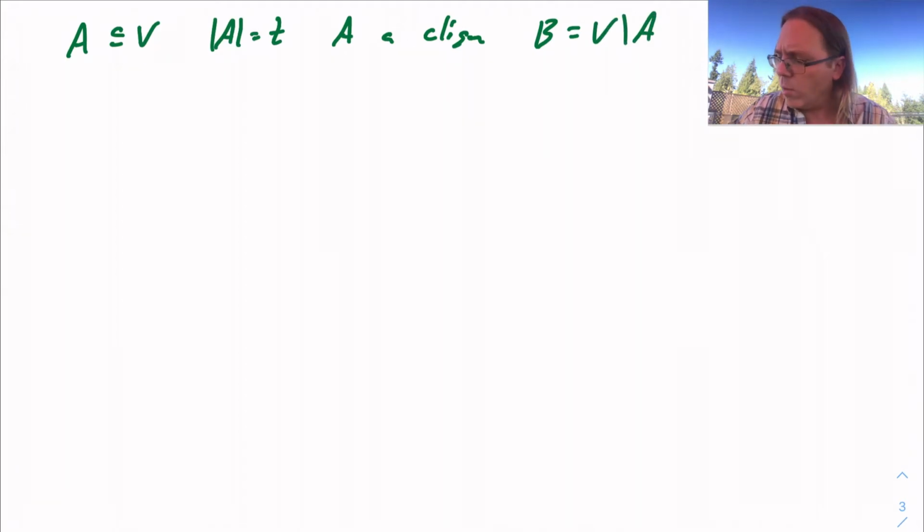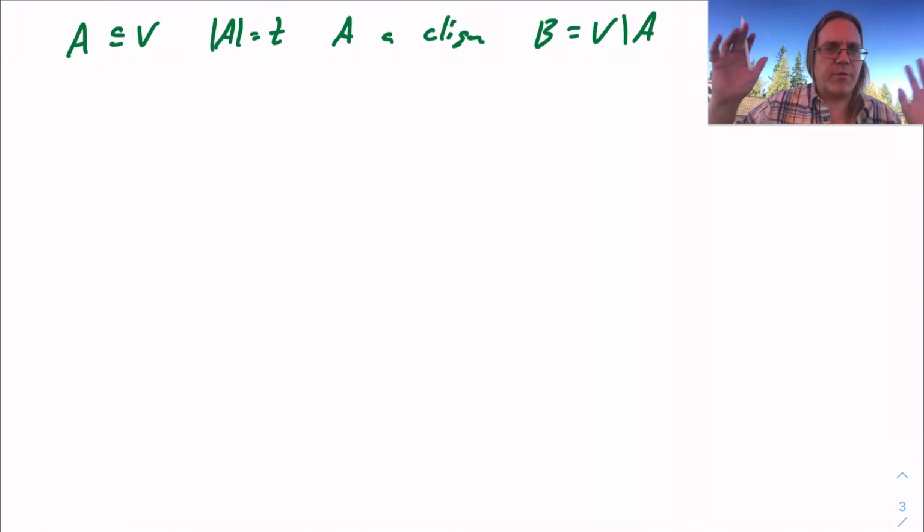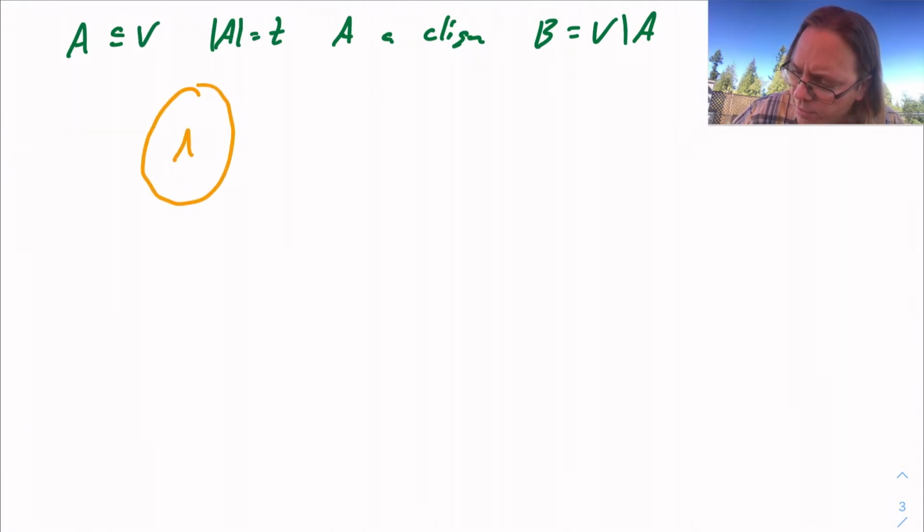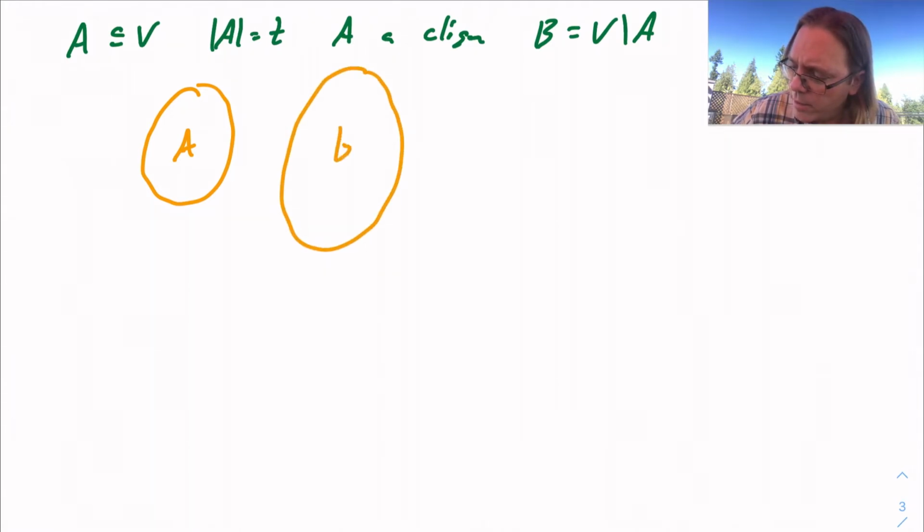And maybe I'll bring back the formula I'm trying to prove. We're trying to prove some upper bound on the number of edges. But let me go ahead and draw a picture here, because the picture is really where it's at. This is what's going to help us understand what's going on. Here's our set A. That's t vertices and it's a clique. Here's the rest of the vertices over here, B. We've split our vertices into two sets, A and B, and this gives us three types of edges in the graph.